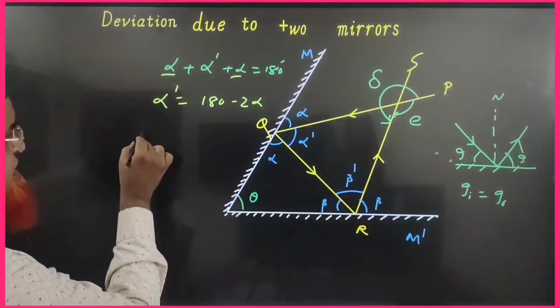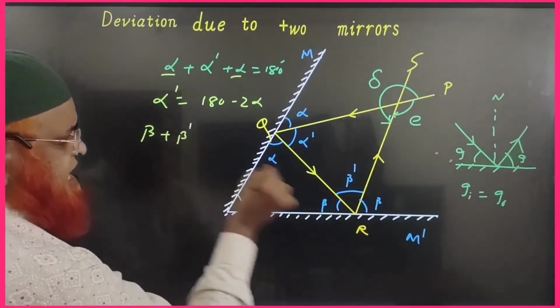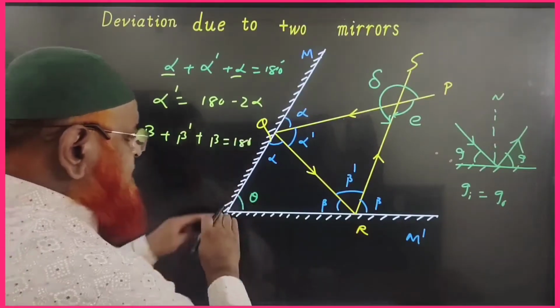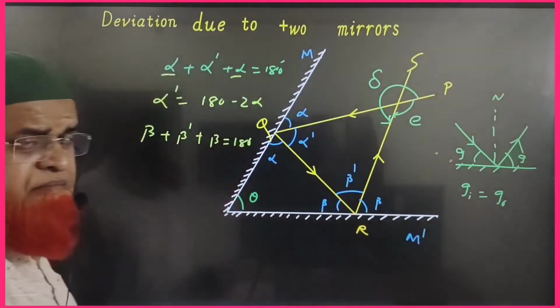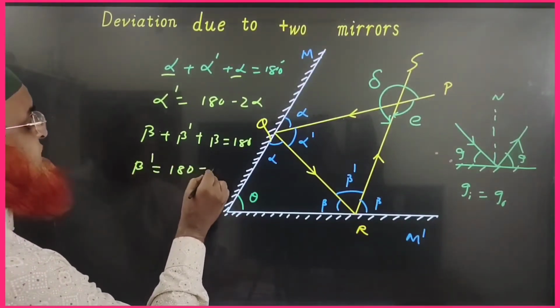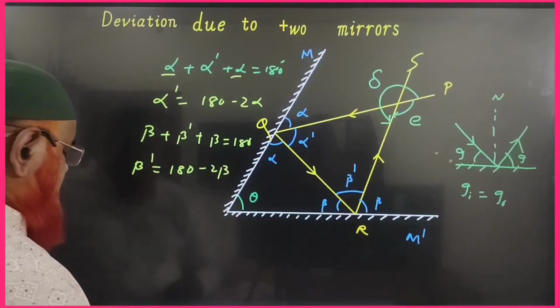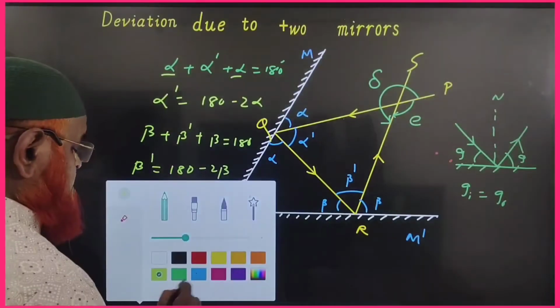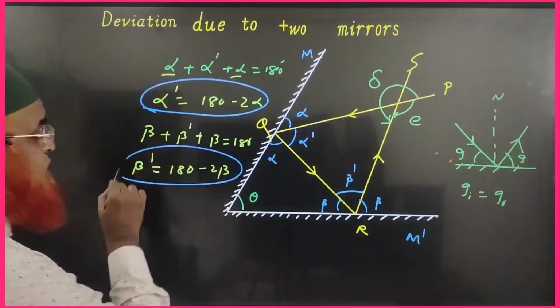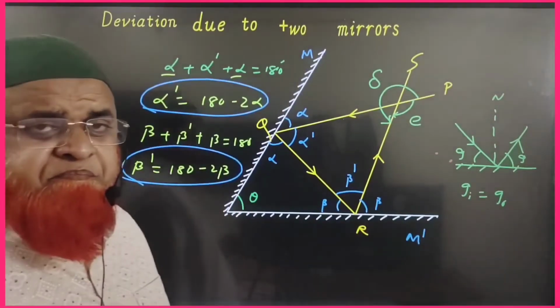Similarly we can write beta plus beta dash plus beta is equal to 180 degrees because this is going to be a straight line here. Then we can write beta dash is equal to 180 minus 2 beta. You have to remember these two things and take them into consideration here.